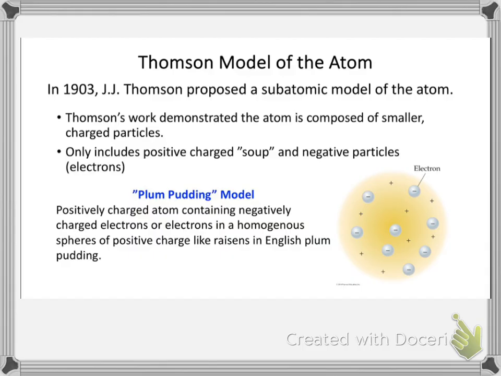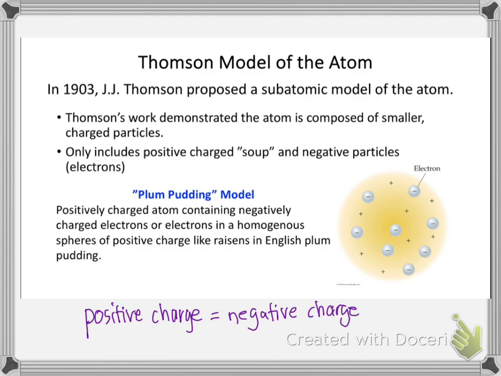Let me write that down, because that is an idea that we will continue to think about. If the positive charge equals the negative charge, they cancel each other out, and so overall, sorry, the writing's so messy, it's neutral. That's another idea we use quite a bit.